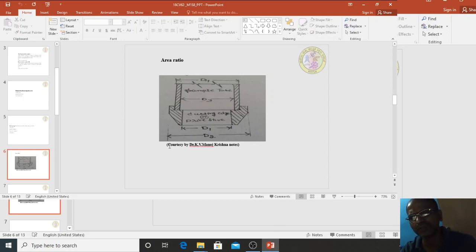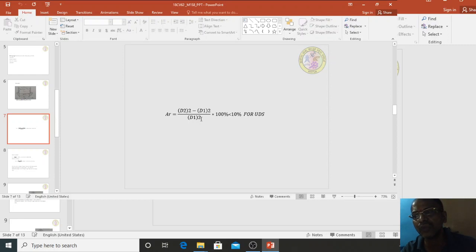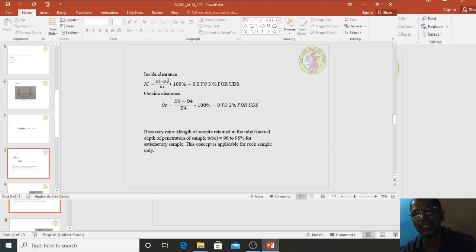Similarly, the sampler tube inner diameter is D3 and the sampler tube outer diameter is D4. Inside clearance is (D3 minus D1) divided by D1, into 100. If it is 0.5 to 3%, then the sample structure is not disturbed, and it is called an undisturbed sample.